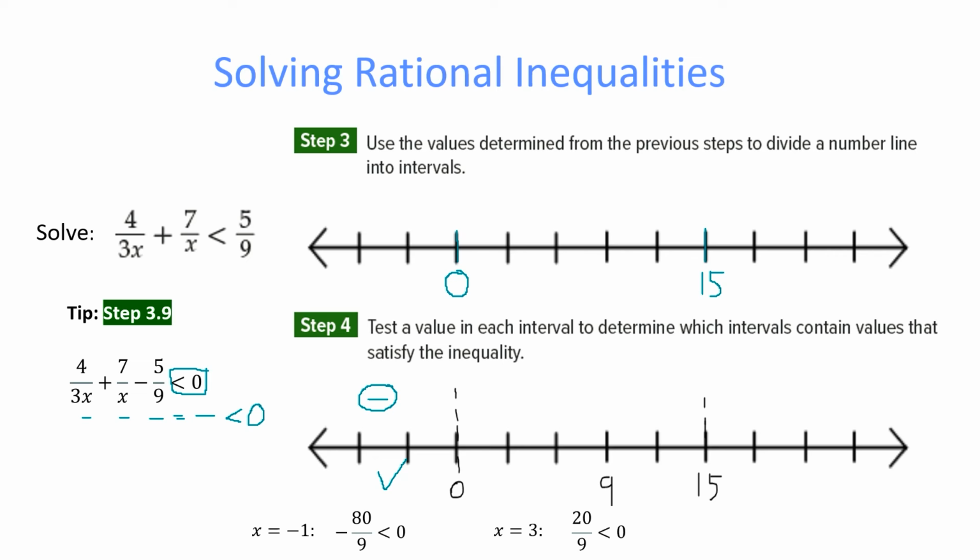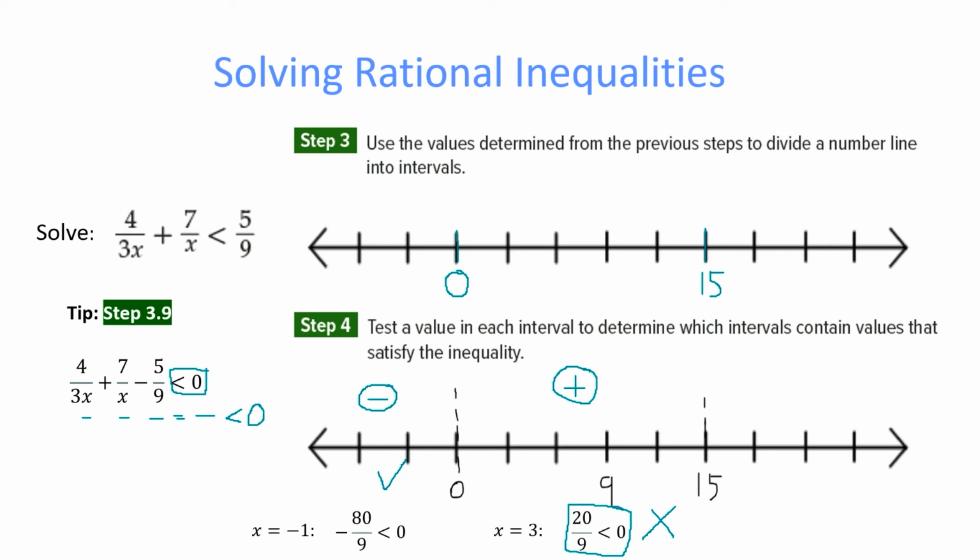Well, 20/9 is less than 0? The number is positive. We are looking for a negative number. We can see that this inequality is not correct. So we know that the middle interval, since it's positive, doesn't work for our inequality. The middle interval is not a solution of our inequality.